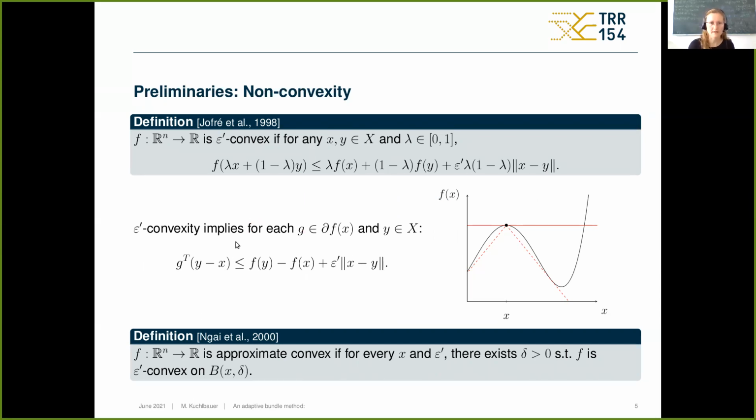Now, one useful implication of epsilon convexity is that this subgradient inequality is still fulfilled. So we have a subgradient inequality with a distance-dependent error, which is illustrated in this picture here, where we have here the subgradient, and we know that the function lies still above this distance-dependent error plus the original subgradient.